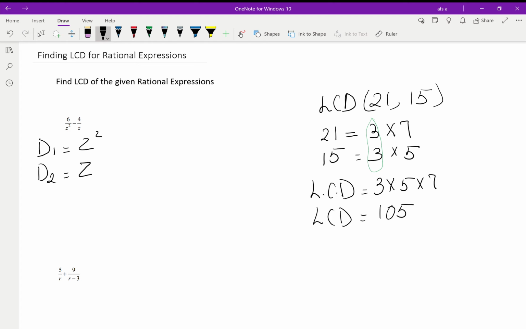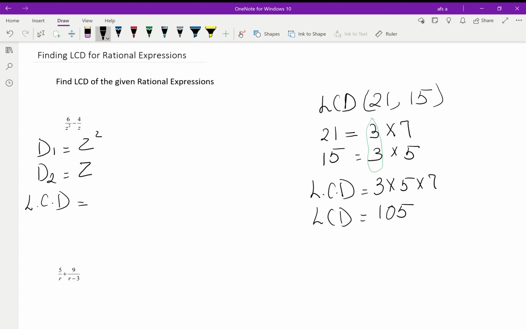simple z. And in this case, the denominators are just one term, so I don't have to worry about factoring them. I don't have to worry about breaking them down into their primes because they're practically already broken down into their primes. So we are good to go with the step of just simply finding our LCD.